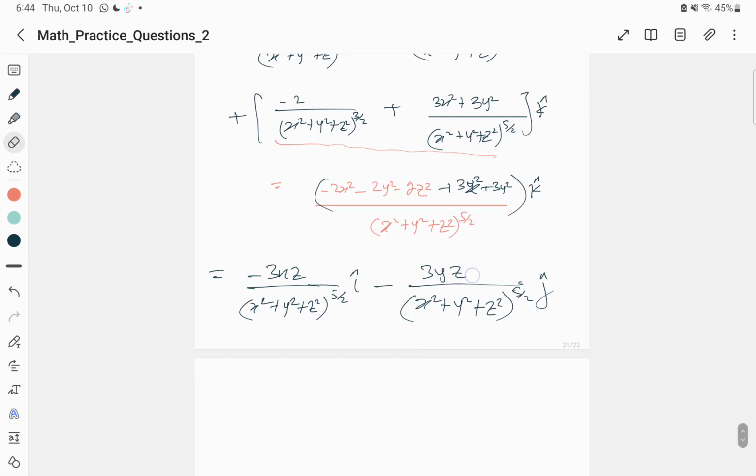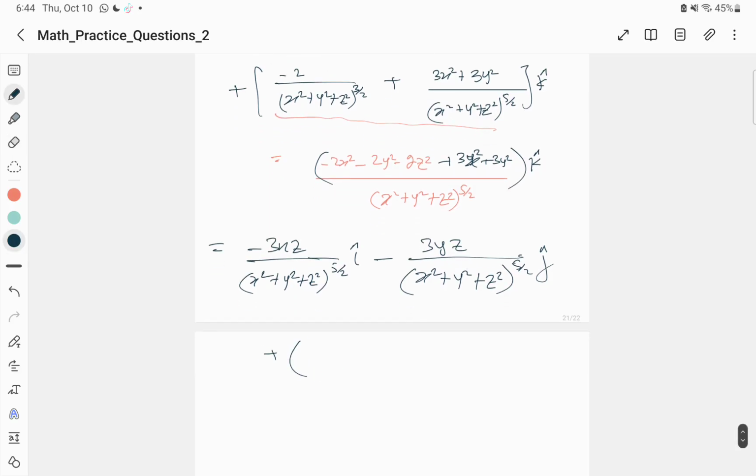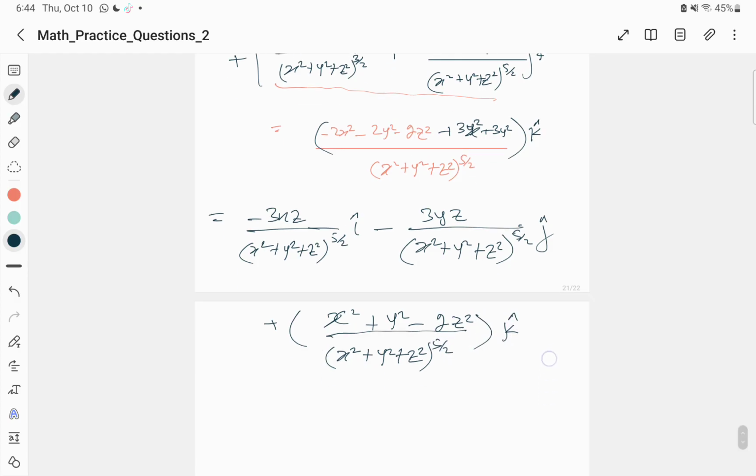And this one when simplified, it will become x square plus y square minus 2z square divided by (x square plus y square plus z square) to power 5 by 2, and this is the k component.